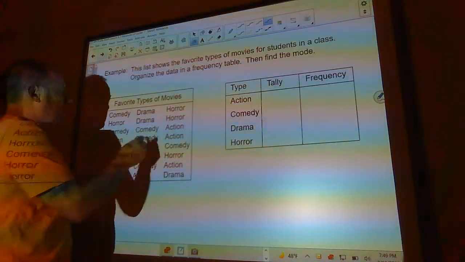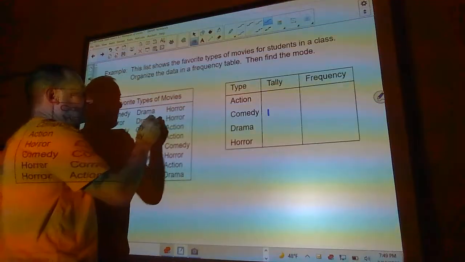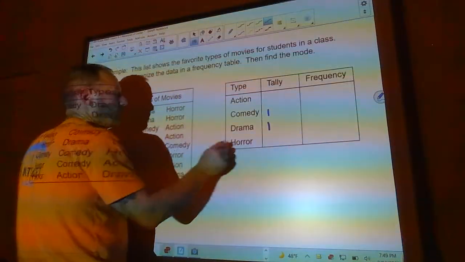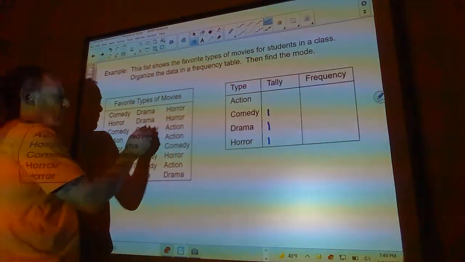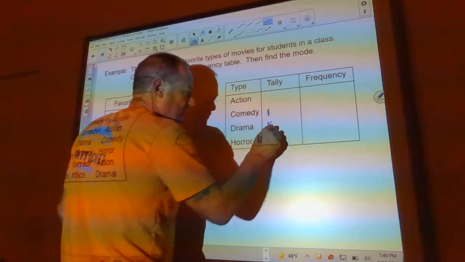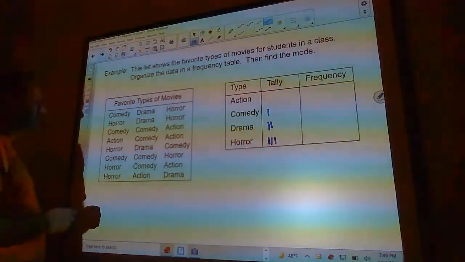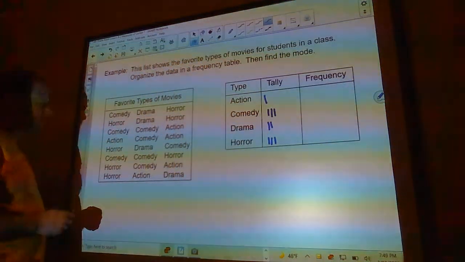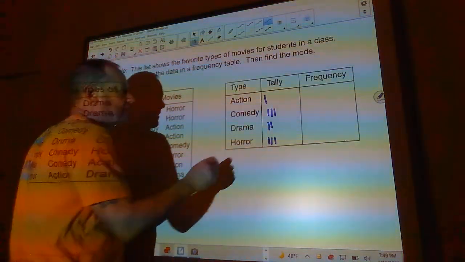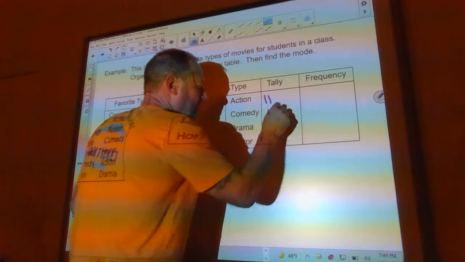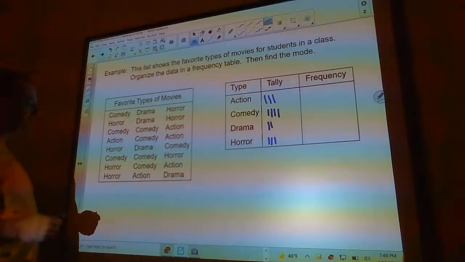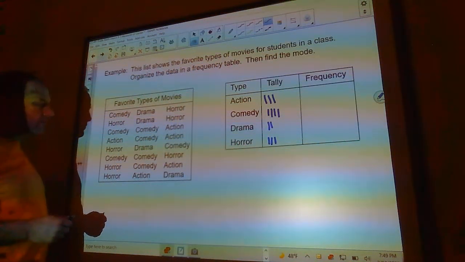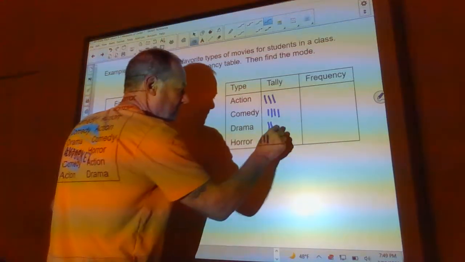So we've got comedy, we've got drama, we've got horror. Then we've got horror, drama, and horror. Horror, drama, horror. Okay, next row, comedy, comedy, action. Okay, fourth row, action, comedy, action. Fifth row, horror, horror, drama, and comedy.